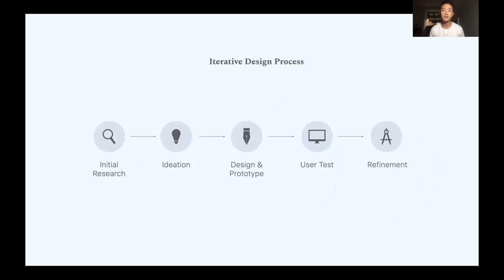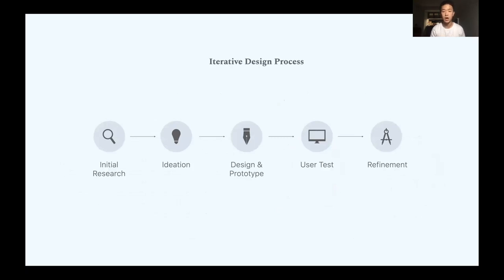We went through an iterative design process, starting with initial research. We interviewed a few Wikipedia stakeholders, as well as doing literature analysis to really understand what existing work has been done in this space. And then we went into ideation, generating different ideas that could address the problems we found in the research.